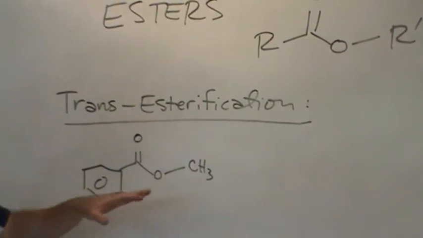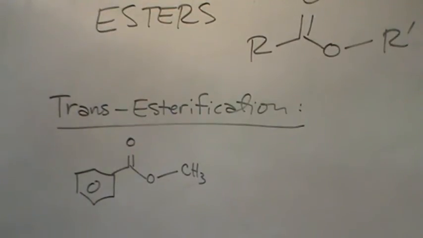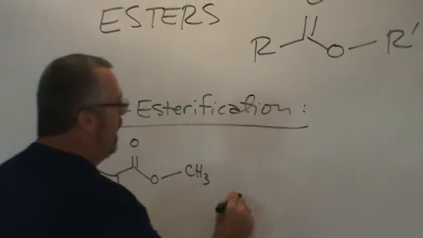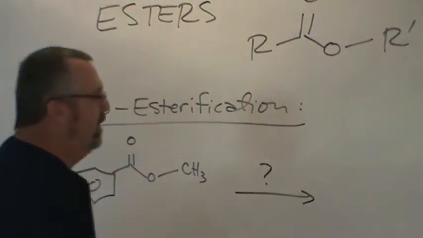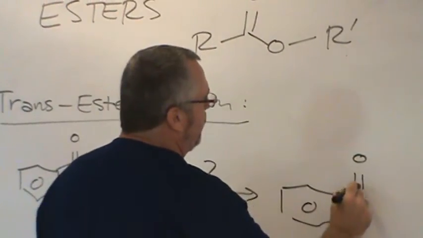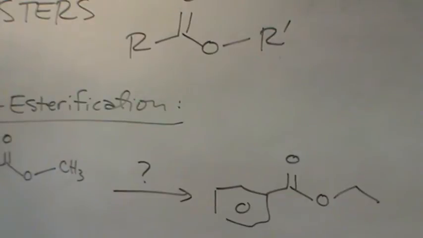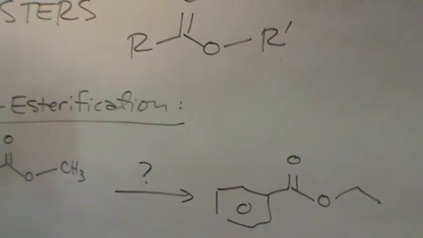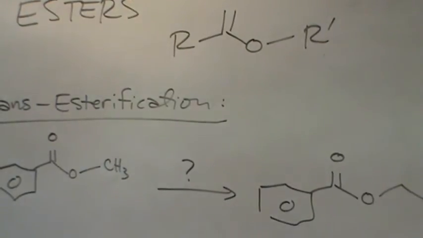This is the methyl ester of benzoic acid, or methyl benzoate. And I'm going to say, well, what if I wanted to change its structure in order to change its fragrance, and I wanted to convert that methyl group into an ethyl group? How could I do that? Now, that's not a very big change, but it will, in fact, impact its physical and chemical properties, including its fragrance.